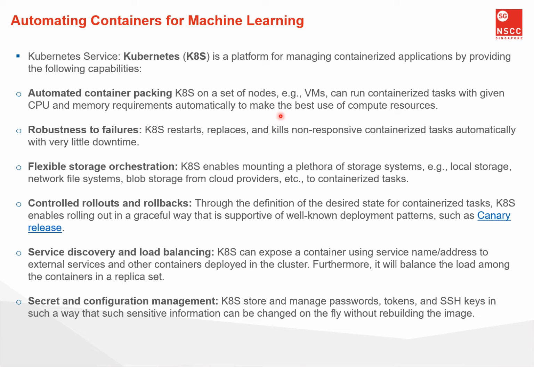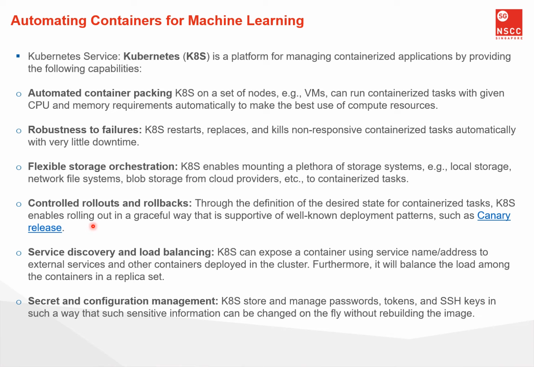Kubernetes can automatically restart a container if it goes down and bring it up again, so it's robust to failures. In terms of the usage of storage, if there are multiple storage systems and file systems, Kubernetes can enable the organization of these file systems and how you actually use them for each of the containerized tasks.